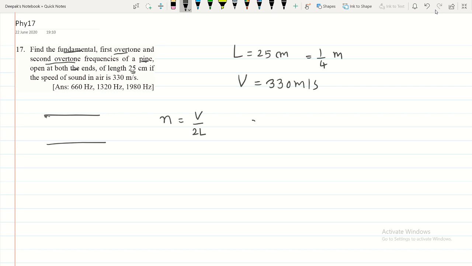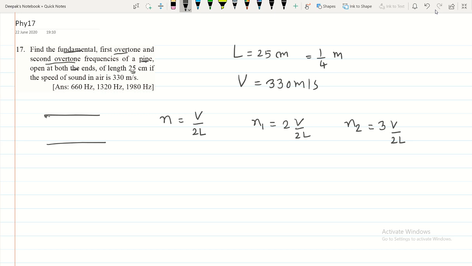Frequency in the first overtone is twice V upon twice L. Frequency in the second overtone, N2, is thrice V upon twice L.